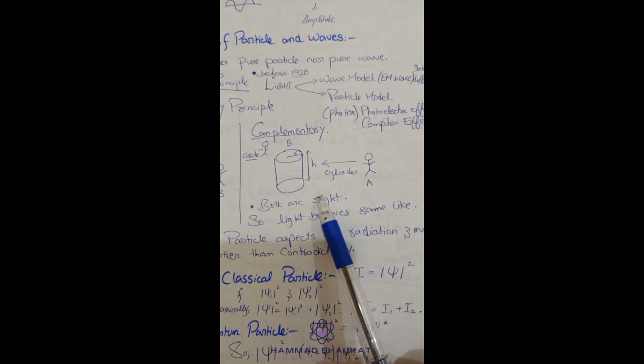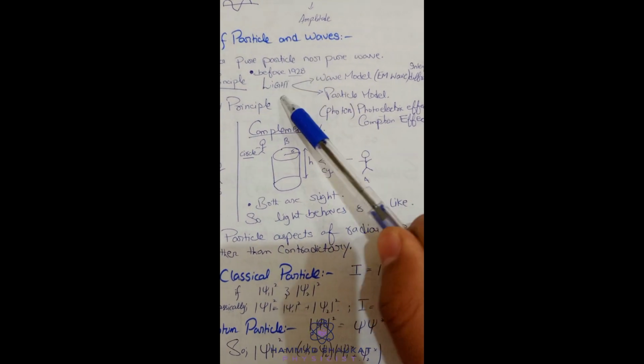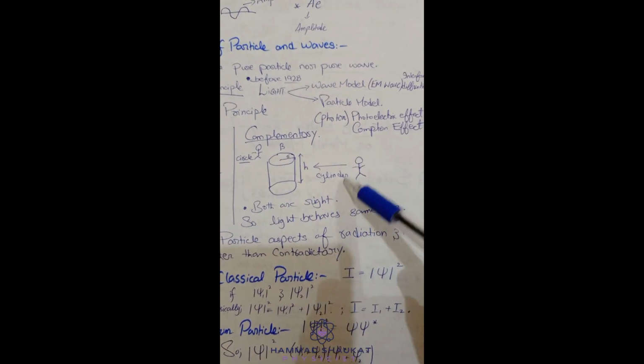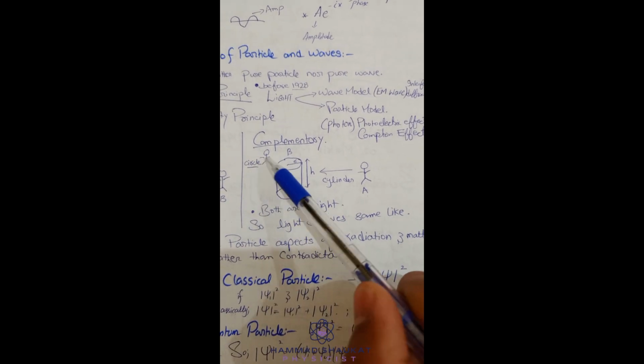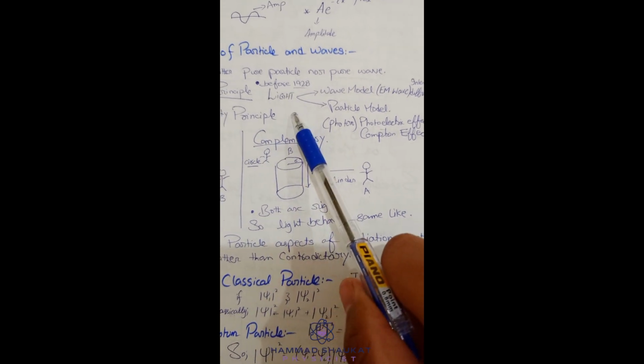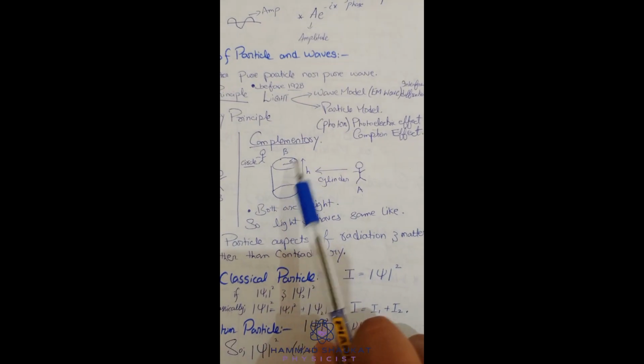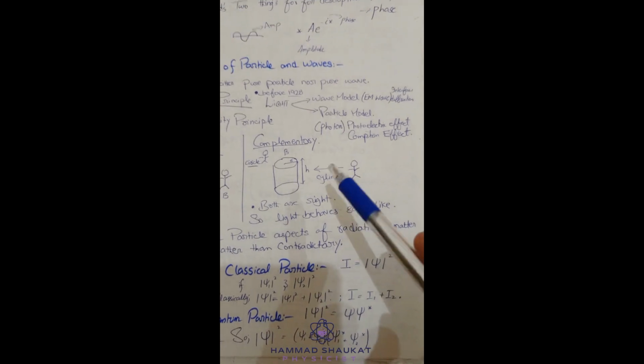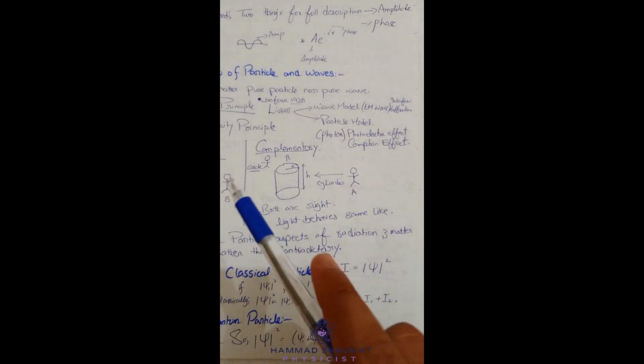Suppose again two persons, A and B. A is on the right side of this cylinder and B is above the cylinder. Person A says that this cylinder has a height h.